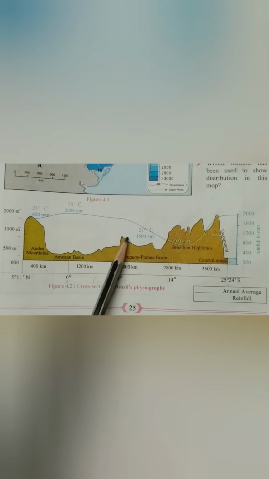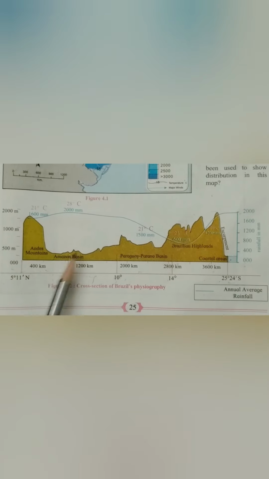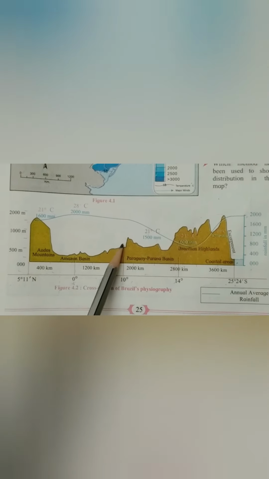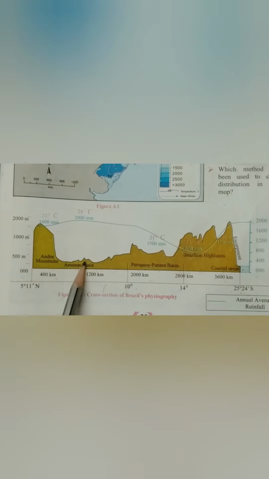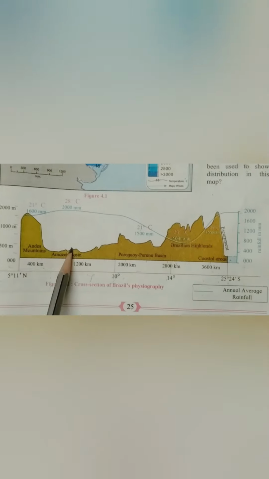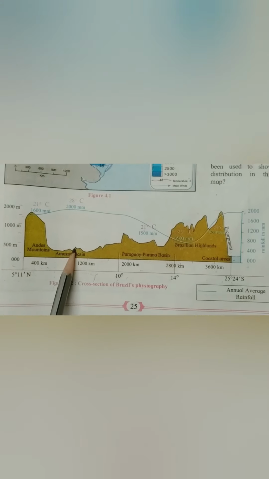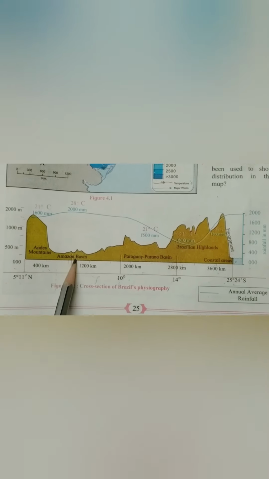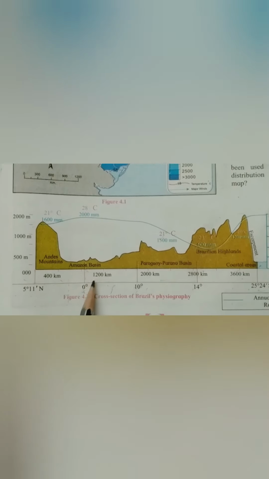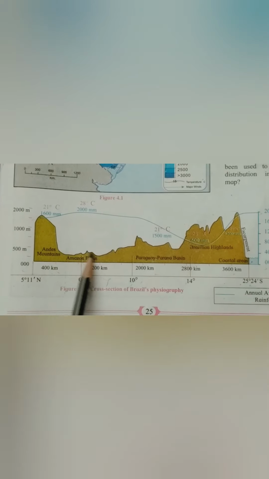Further you come towards the Amazon River Basin, and the Amazon River Basin is almost at sea level. You can see the height is minimum, from 0 till 400 meters.